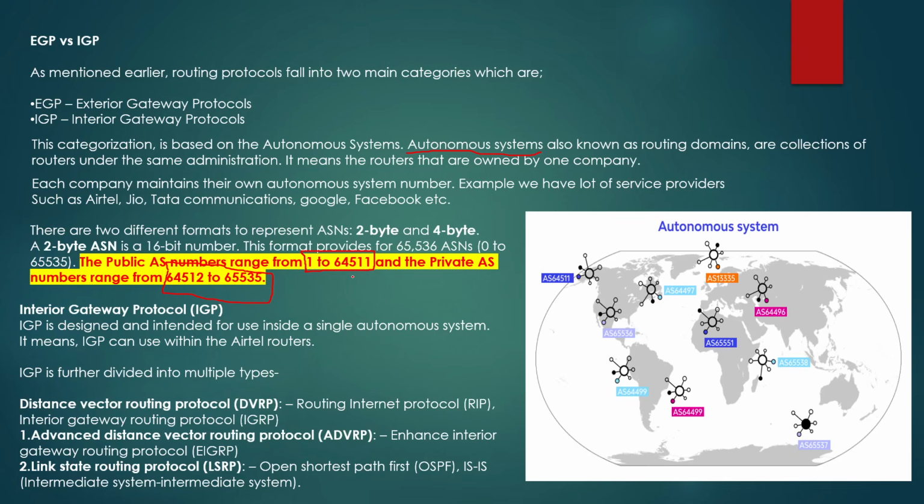So 1 to 64,511 are all public ASNs. If you see this old map, in every country in this world there are a lot of service providers. In the US we have Comcast, AT&T and many more, and they are connected to each other. In India, Airtel, Jio, Tata Communications, Sify Technologies, there are a lot of service providers.